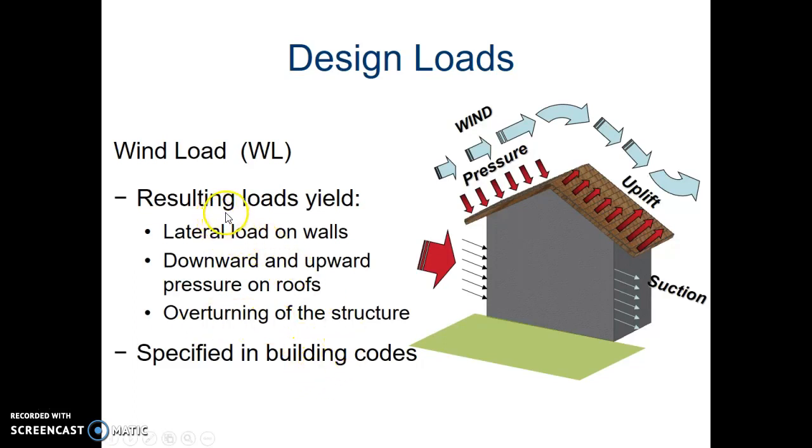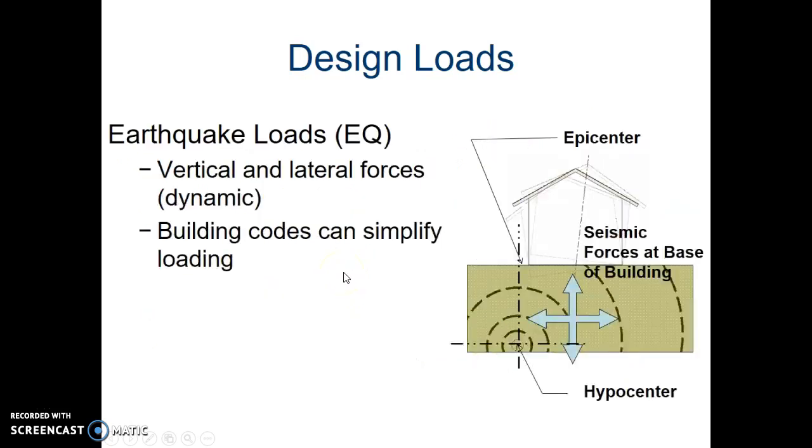So wind loads give you lateral load on the walls. They give you downward pressure on the roof, and as the wind travels over the roof, it also creates upward pressure. It can overturn structures, and they do specify for wind loads in building codes.